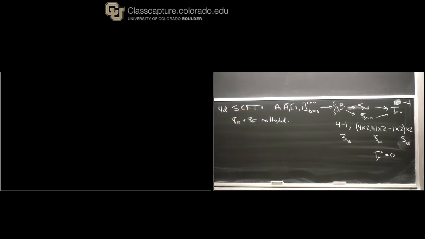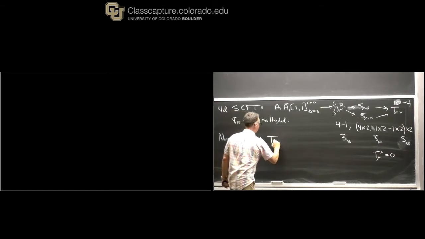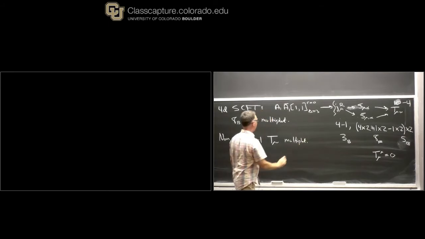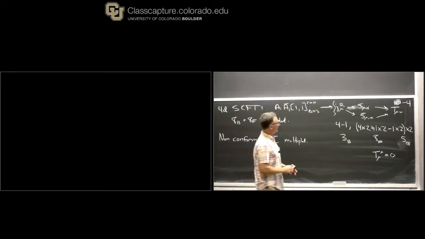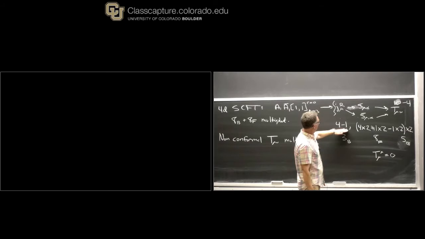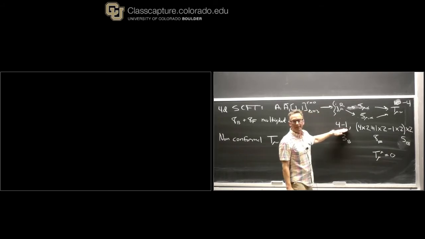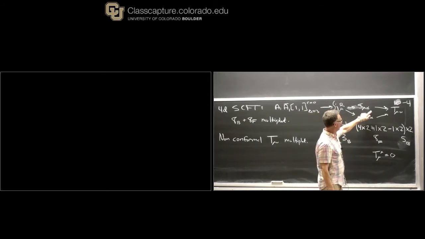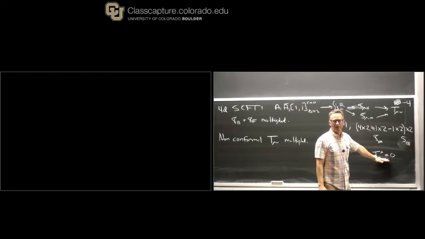Now if we look at the non-conformal T mu nu multiplet, then in general what happens is that this R current doesn't have to be conserved. And so instead of this being 3, we have 4 here. Also here, the supercharges are conserved, but I subtracted another thing, which is like the superpartner to this constraint.